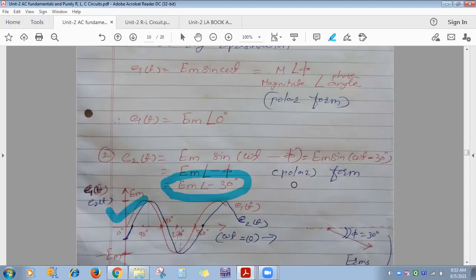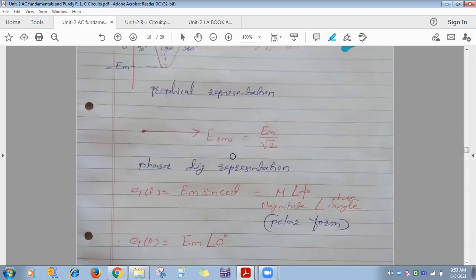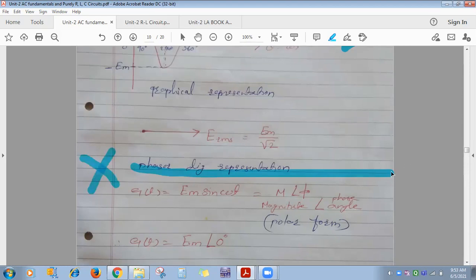How will its phasor diagram representation be? When you use a protractor, suppose this is the x-axis and you wanted to measure +30 degrees. With reference to this x-axis, how do you measure +30 degrees, in the anti-clockwise direction or clockwise direction? Anti-clockwise direction.